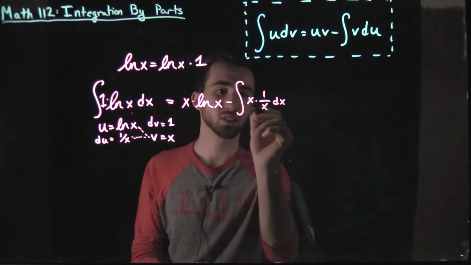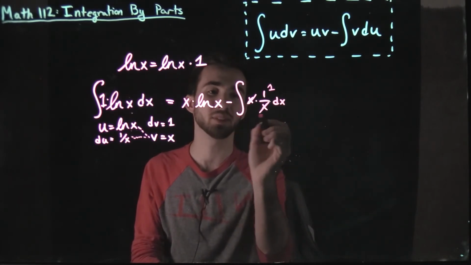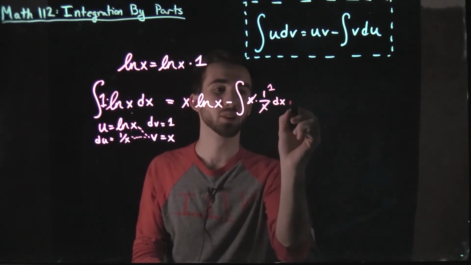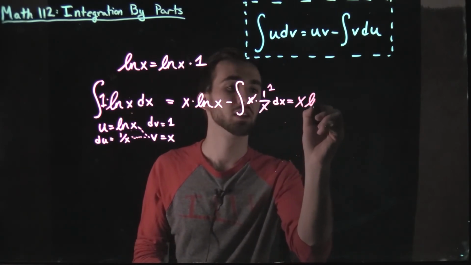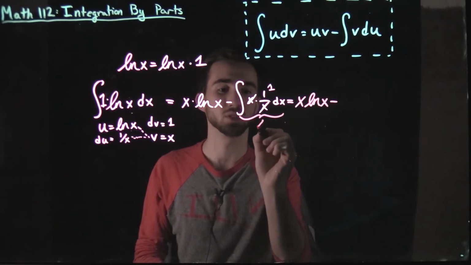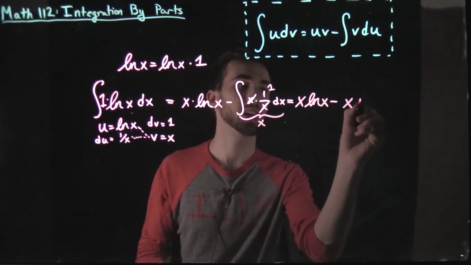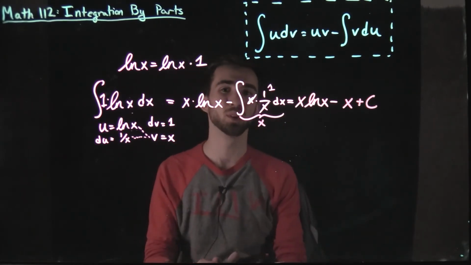And this just cancels out to become 1. So now we just have the integral of 1, which means that our integral is equal to x ln of x minus the integral of 1, which is just x, minus x plus c. And that's a really cool result.